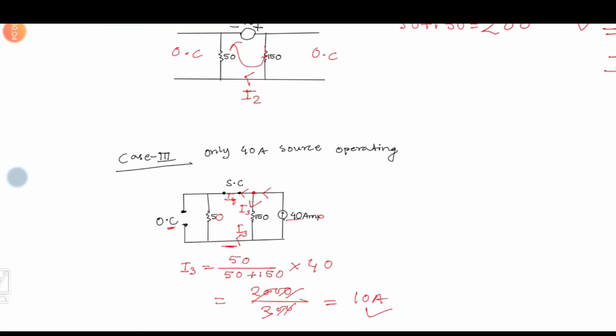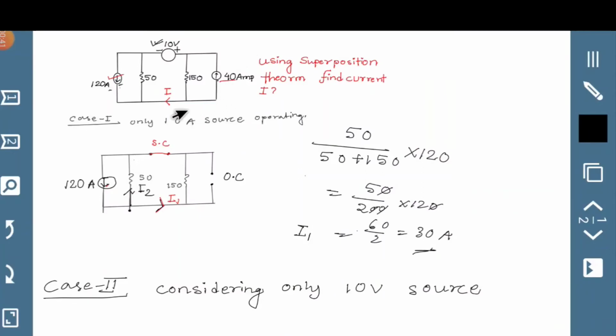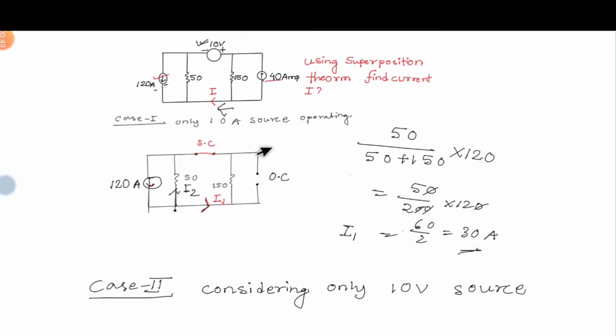Now look, we have considered all these three cases by applying each of the sources individually, and now we will add up all the three responses by their direction. In this question the direction is this way, so it is better to take right to left as positive and left to right as negative.